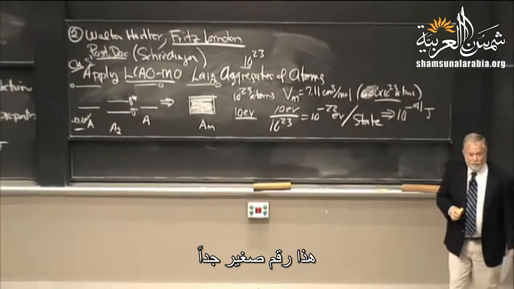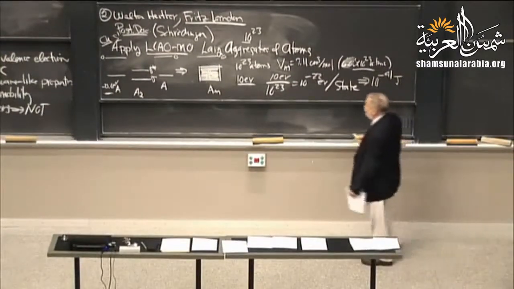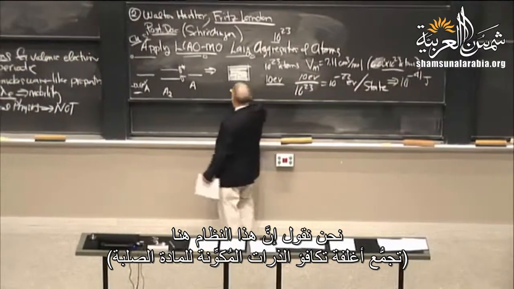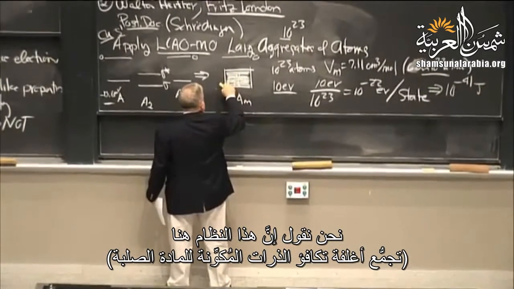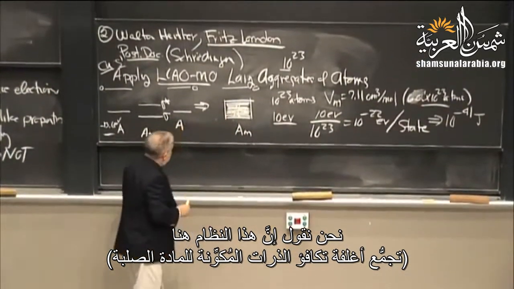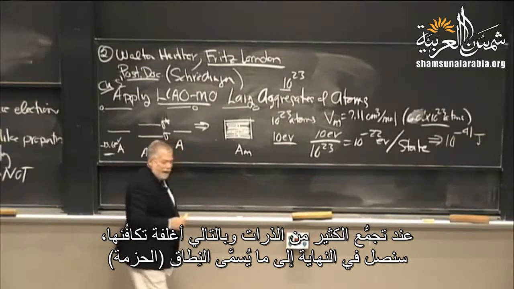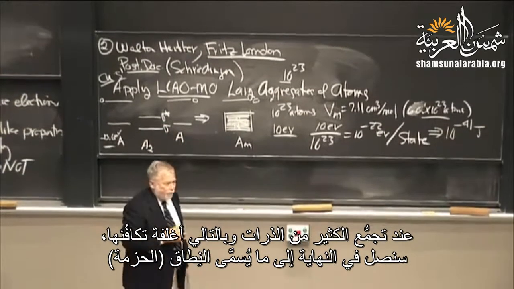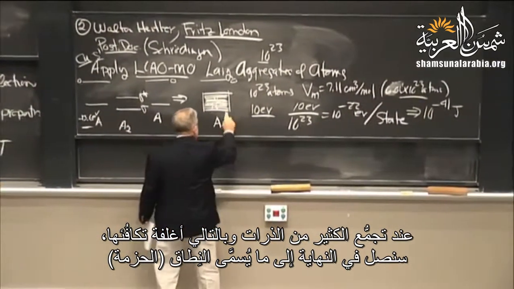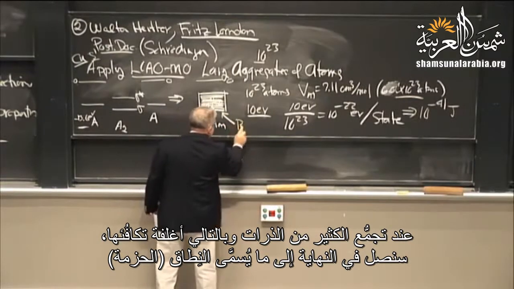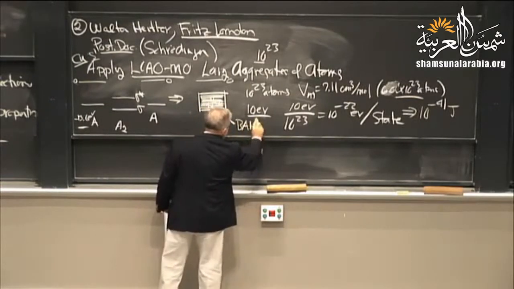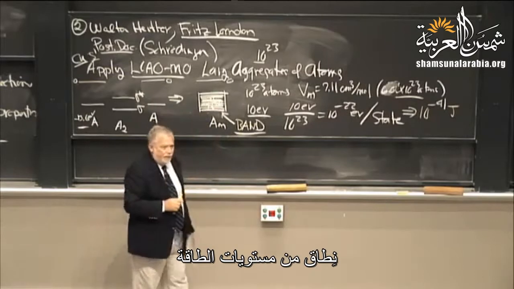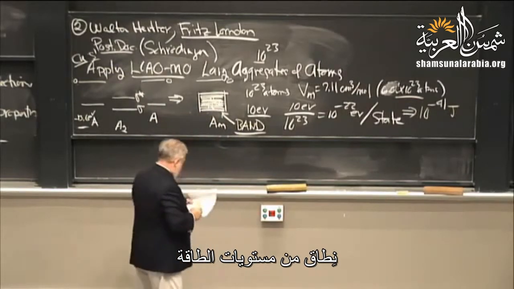That's really small. So what are we saying? We're saying that this organization here, when we add a lot of atoms, we end up with what amounts to a band. A band of states.